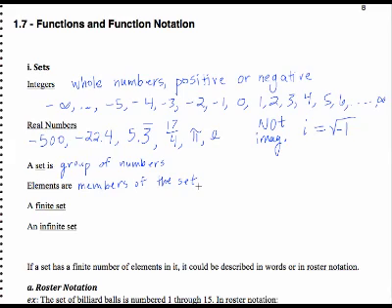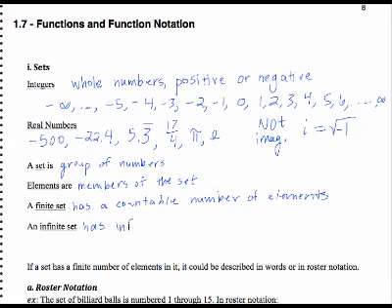If you can count it, even if it takes you forever, if you can count the number of objects in a set, it's finite. It's a countable number of elements, as opposed to infinite, which has infinitely many elements. So if you have infinitely many elements or objects in a set, you can't list them all out.